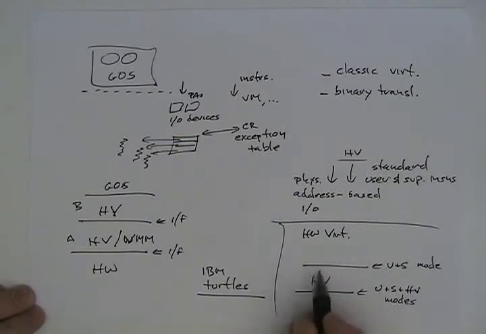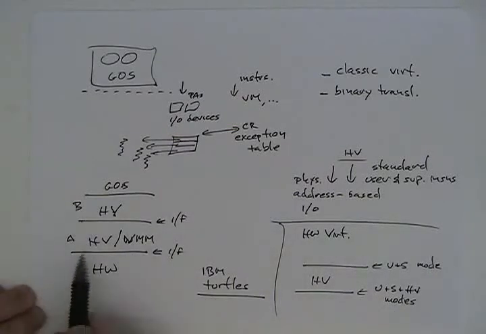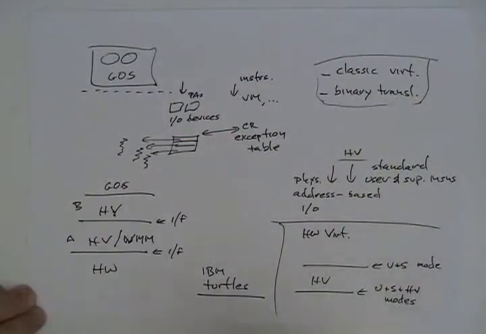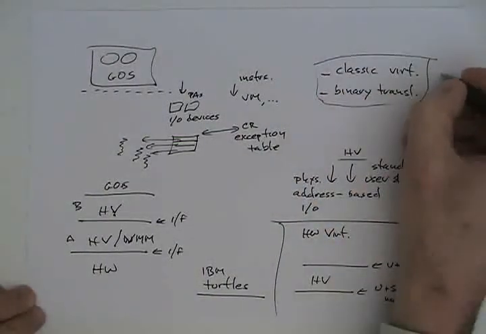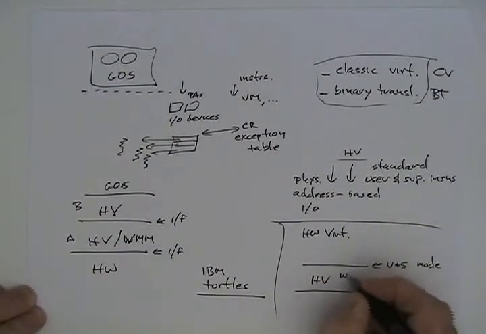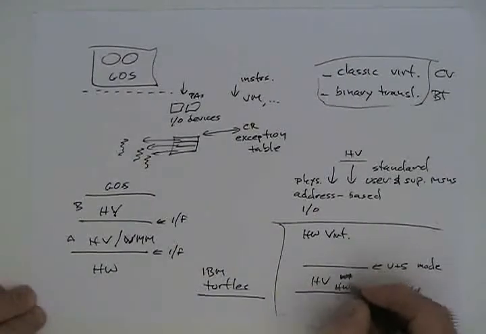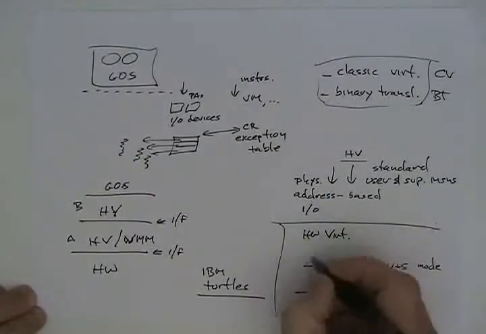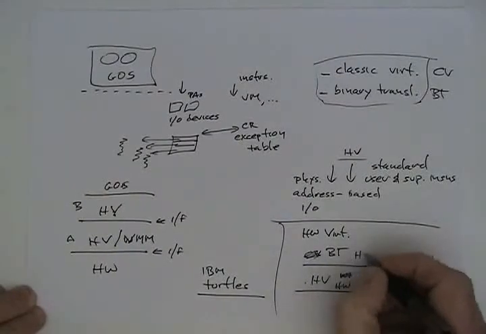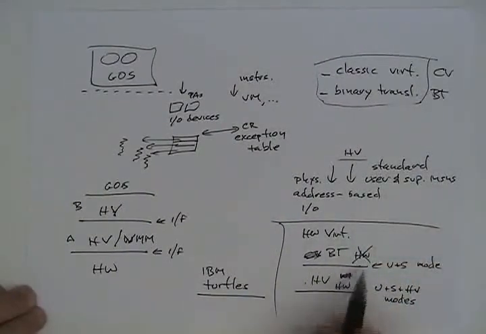And so, although you could conceivably run either of these, if we call this CV and BT, if we have a hardware hypervisor here, we might be able to run a binary translation hypervisor here, but we can't run a hardware one here because it doesn't see the interface that it needs.